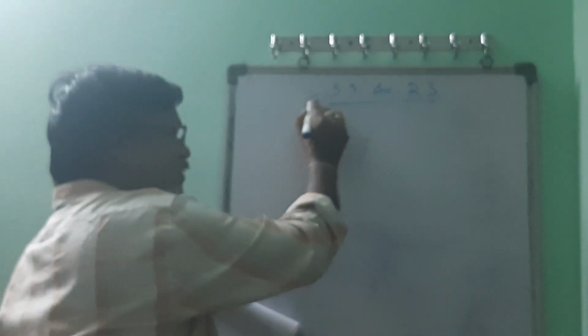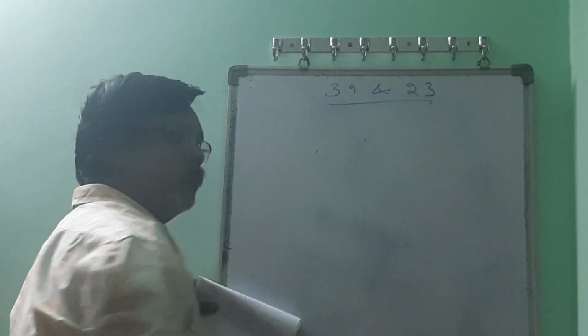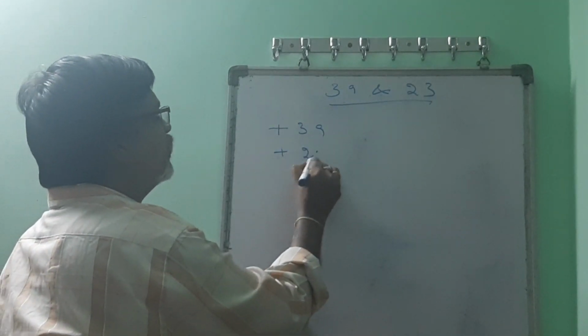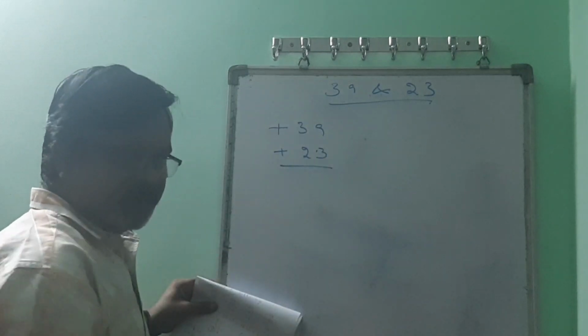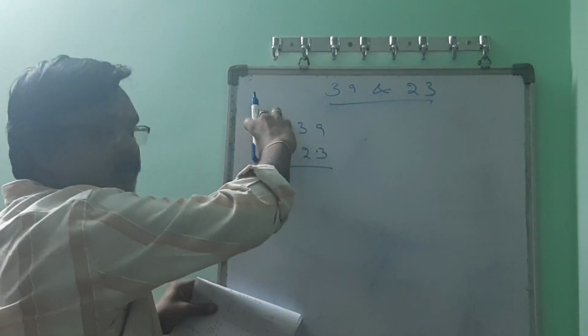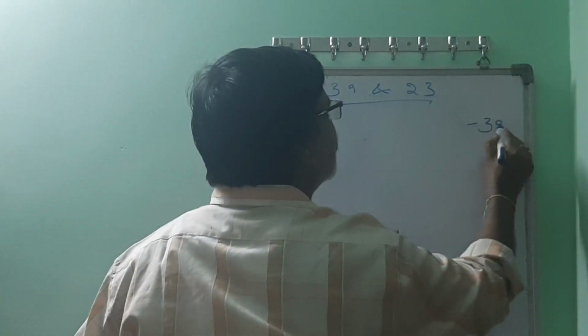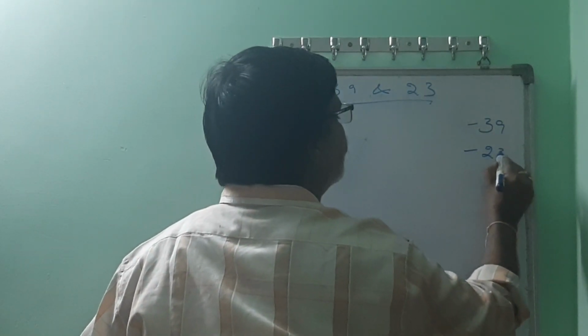First, the signs of the two may be equal, that means plus 39 and plus 23. Performing addition between these two, the two signs are equal here. One more combination is minus 39 and minus 23.